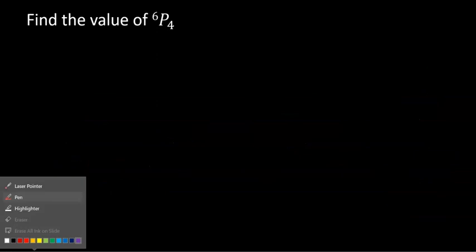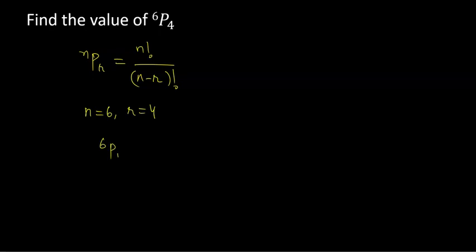Let's understand some examples and solve some problems. The first problem is 6P4. Just so that you can recall the formula, I'm rewriting it: n factorial upon (n minus r) factorial. Here n is equal to 6 and r is equal to 4. Then 6P4 would be 6 factorial upon (6 minus 4) factorial, that is 6 factorial divided by 2 factorial.